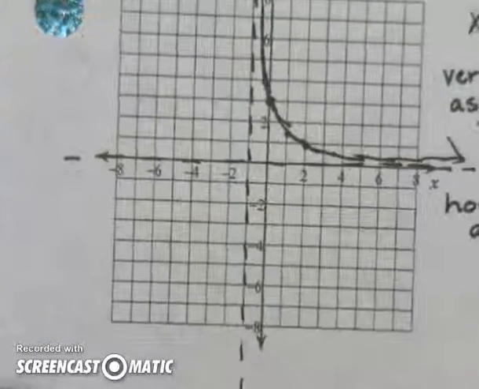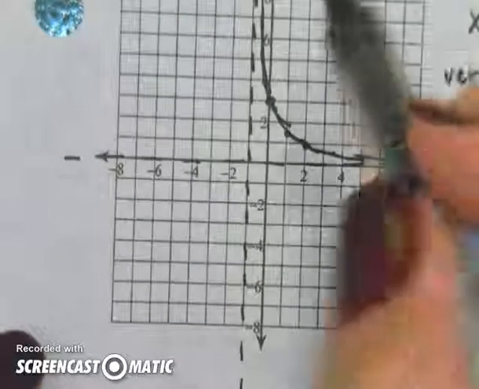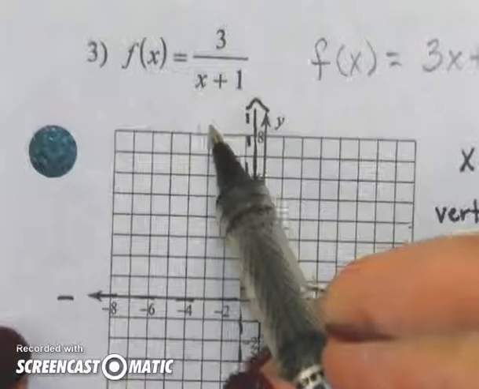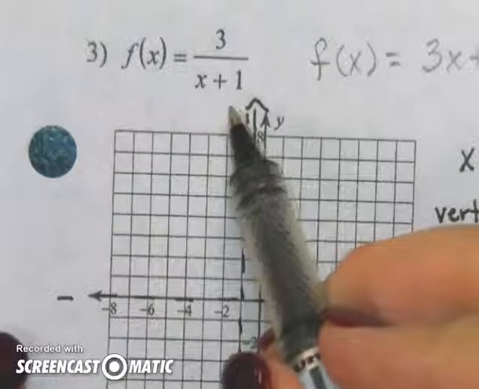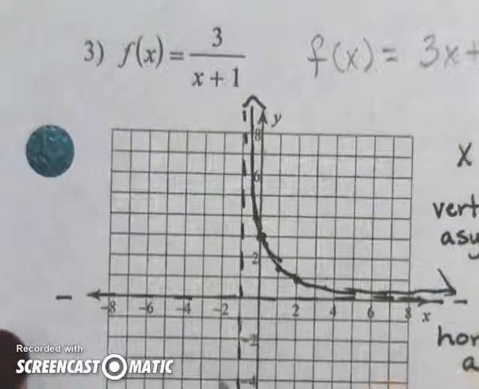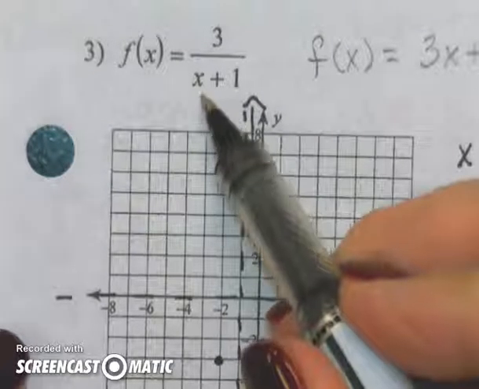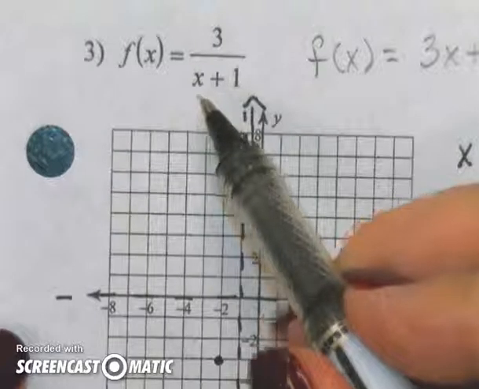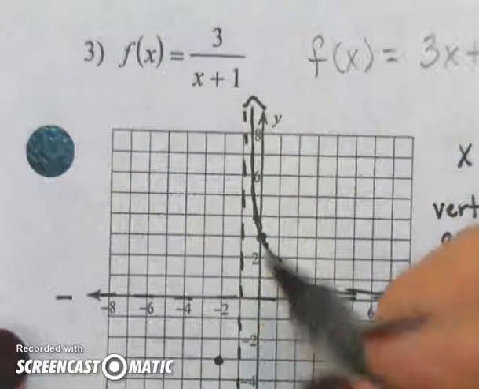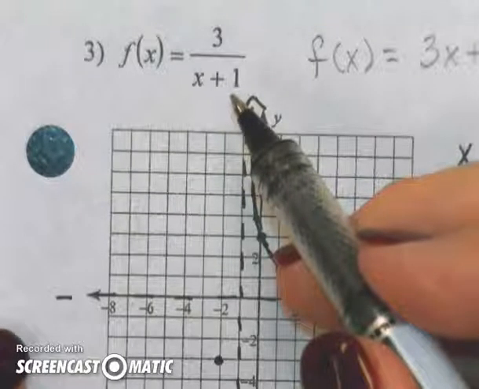And now I realize that the graph does have some values on the other side, so I'm going to plug in -2. -2 plus 1 is -1, so 3 over -1 is -3. If I put in -3, I get -2 on the bottom.